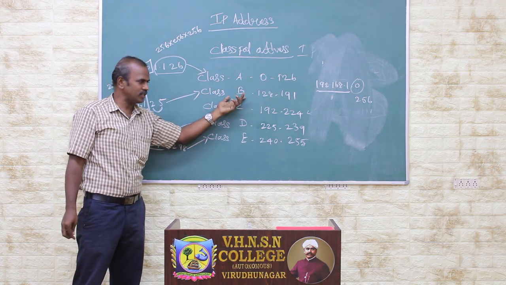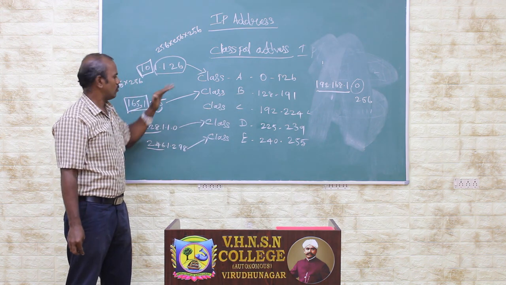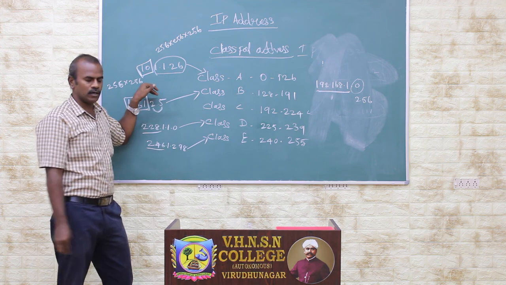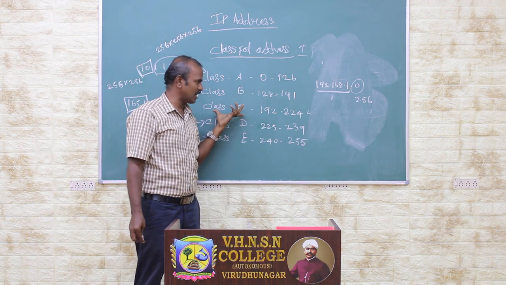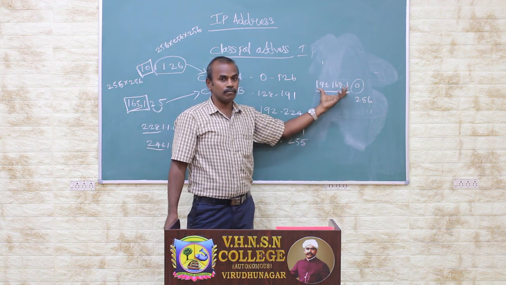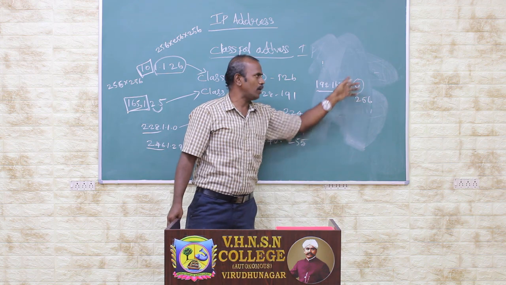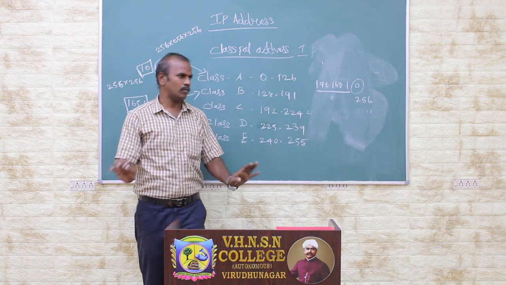If I am using class B, it should be the same in 2 parts, so the remaining 256 and 256 systems I can communicate with. If you are using class C, it should be the same in 3 parts, so only 1 part I can connect, only 256 systems.